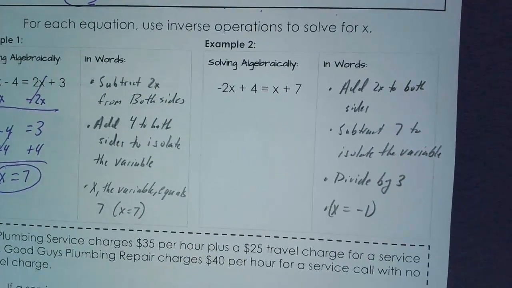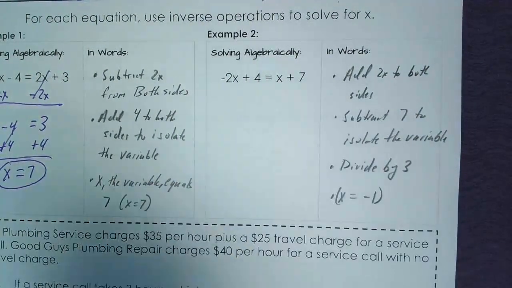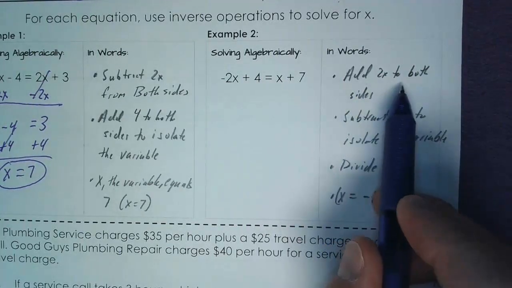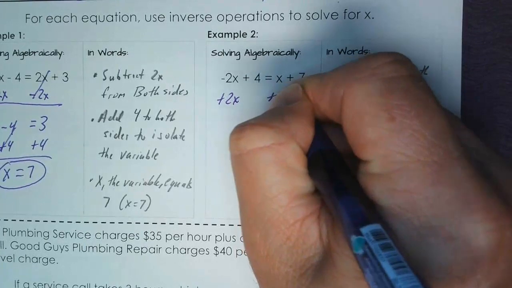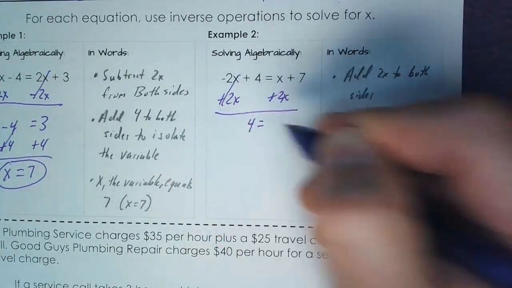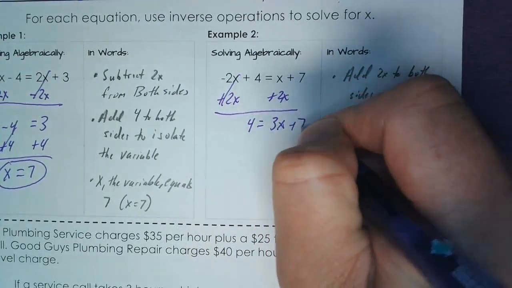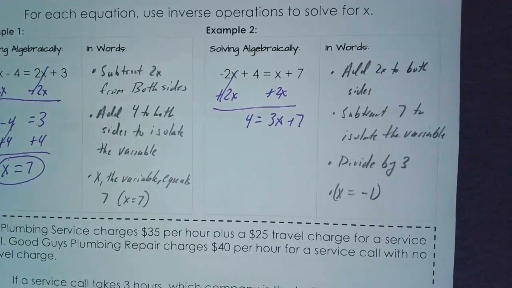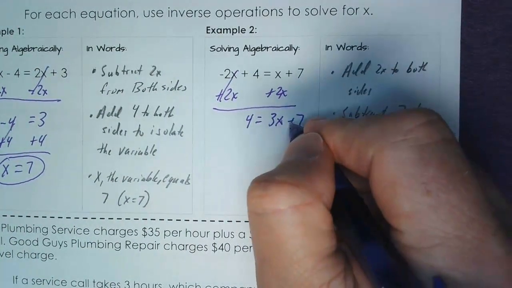Let's go to the second example. Again, I have negative 2x and an x. The first step says add 2x to both sides. Rewrite the problem. Okay, let's take a look at the second step. It says subtract 7 to isolate the variable.